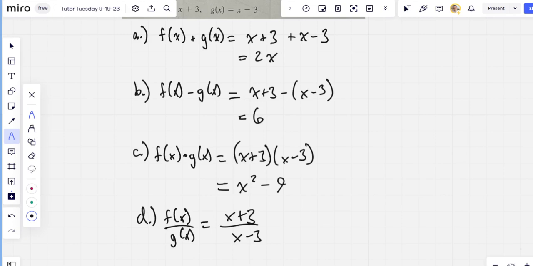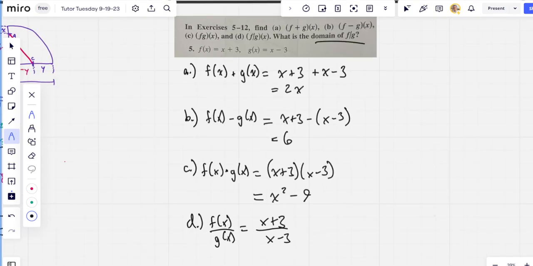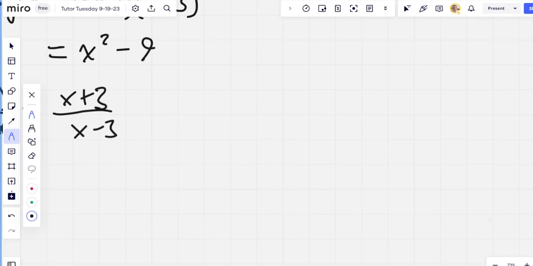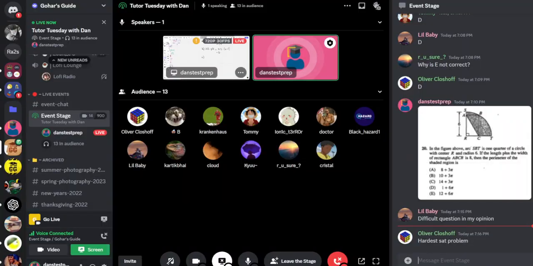Can that be simplified anymore? I bet it can. And the domain is x does not equal positive 3, because that would make that function undefined. We'll just keep it in that form.